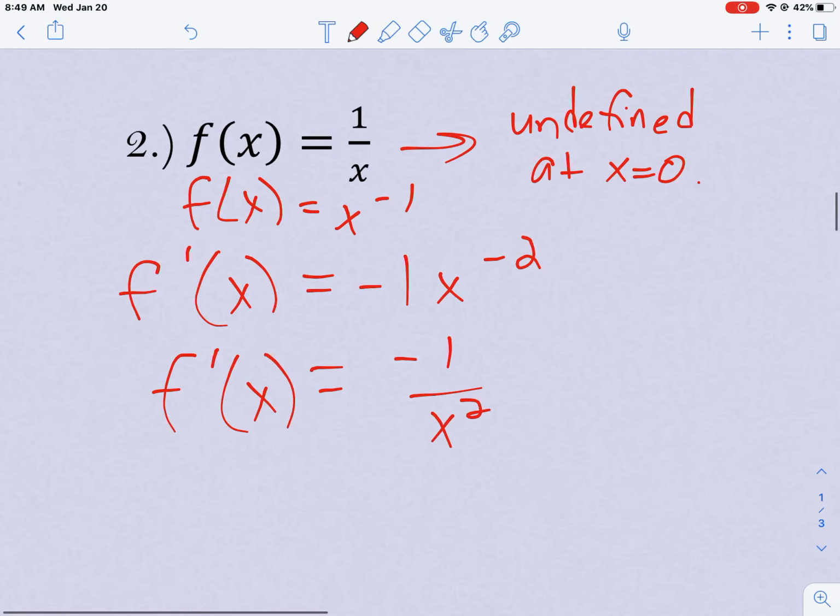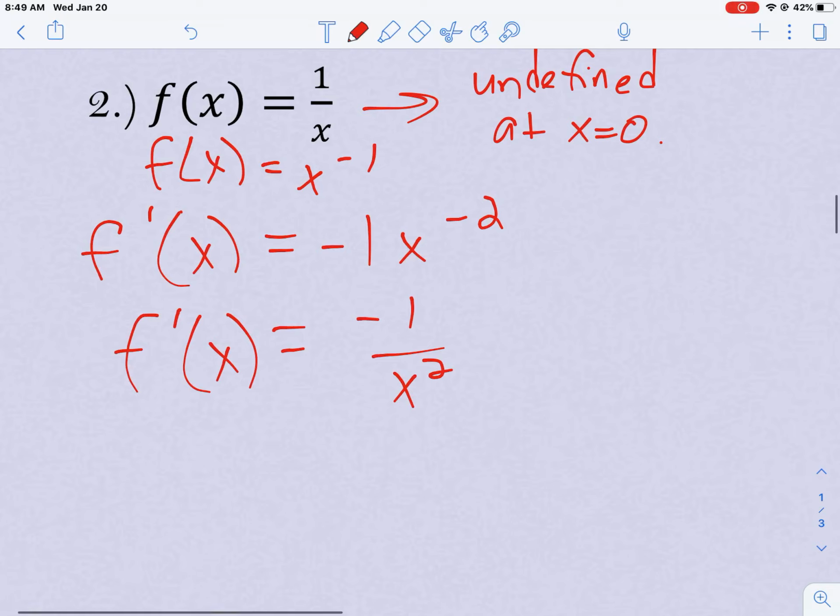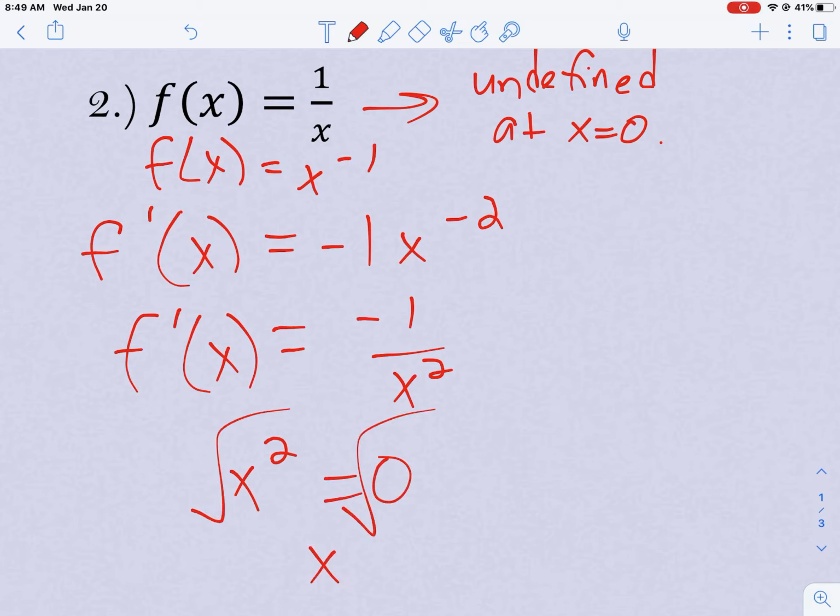Remember, to find a critical number, you make the derivative equal 0 or make it undefined. This function can never be 0 because the numerator is negative 1, so that doesn't work. Now, how do we make it undefined? We set the denominator equal to 0, so x squared equals 0. Take the square root, and x equals 0.